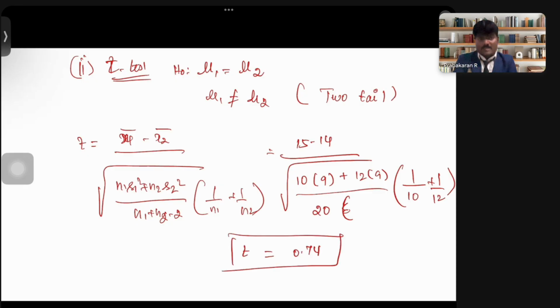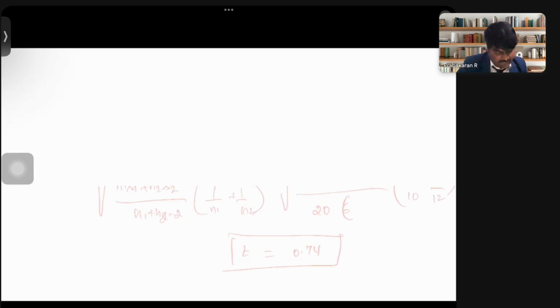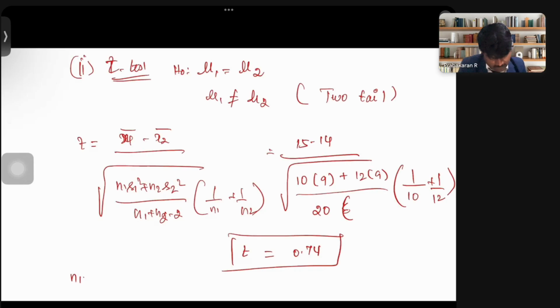Now we can go further, checking the table value. The degrees of freedom is n1 plus n2 minus 2, 10 plus 12 minus 2, 20, right?